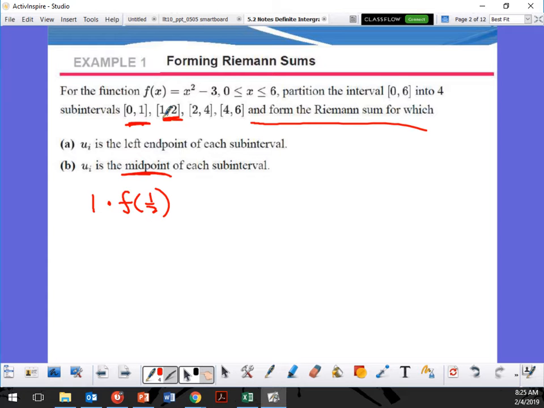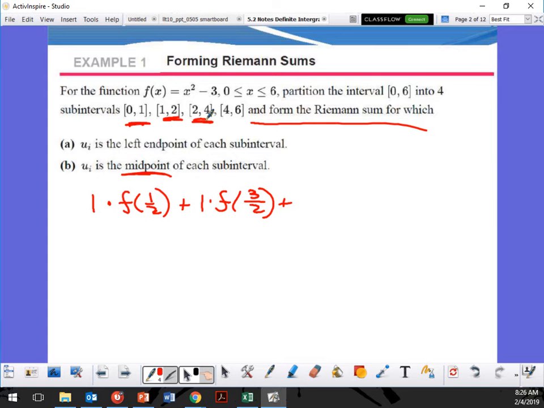Okay, so same thing goes for here. My delta x there is still 1, isn't it? Plus 1 times f of, what's the midpoint in between 1 and 2? 1.5, or 3 over 2. Plus, what is this one? What is my delta x? How wide is it? 2.